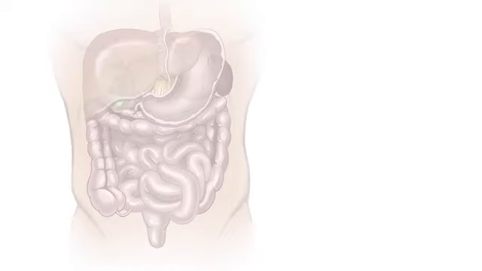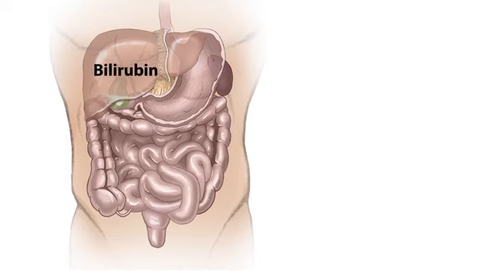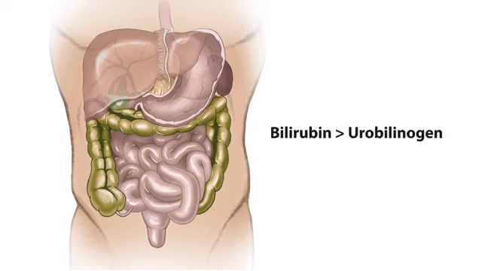From there, conjugated bilirubin in the bile goes into the duodenum and the small intestine and eventually to the colon. In the colon, gut bacteria start to convert that bilirubin into urobilinogen. Most of that urobilinogen is going to stay in the colon and get oxidized to something called stercobilin, and then will be excreted in the stool.